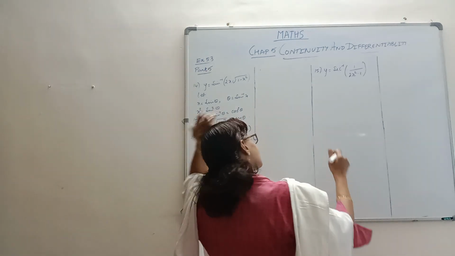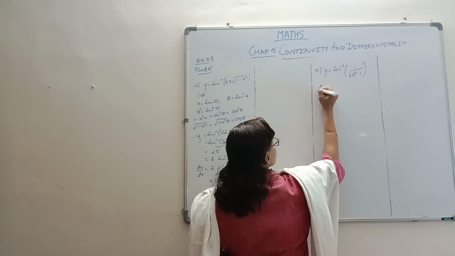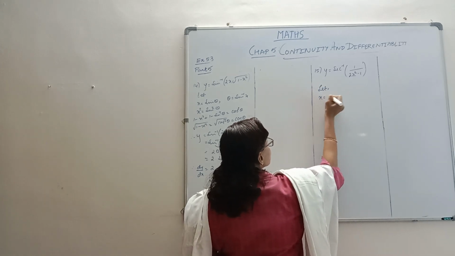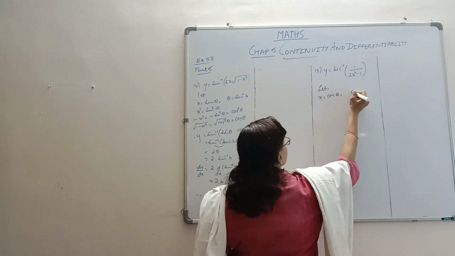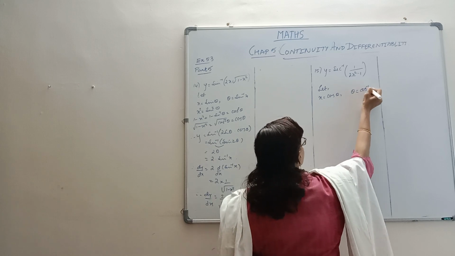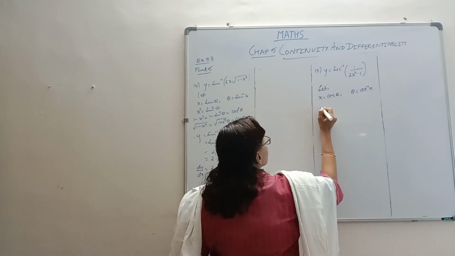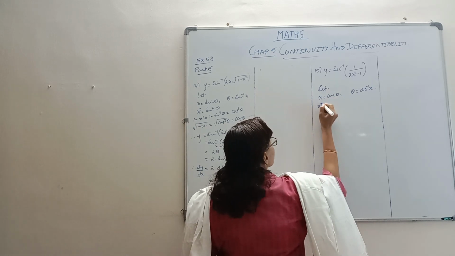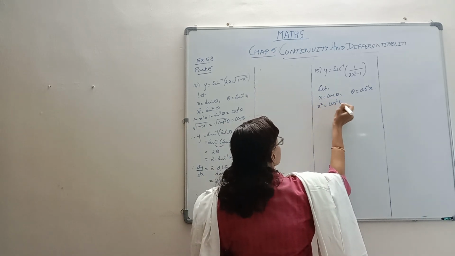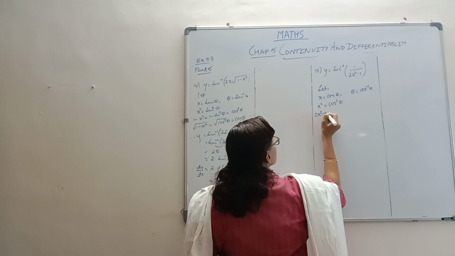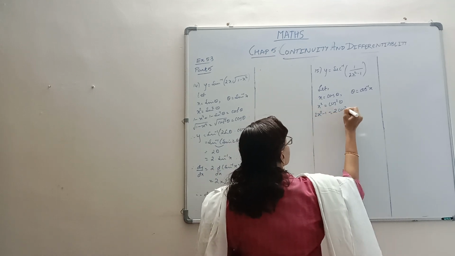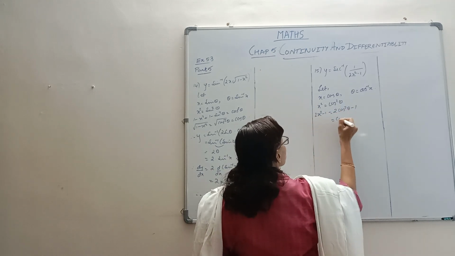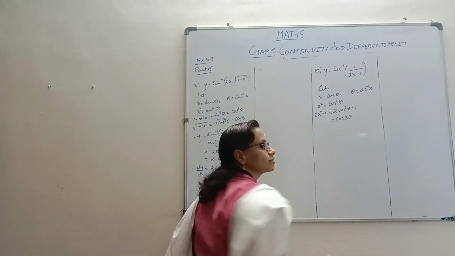Let x be cos theta. So like that, theta becomes cos inverse of x. Now, if you want, we can do this simplification here. X squared is cos squared theta. 2x squared minus 1 is 2 cos squared theta minus 1, which by formula is cos 2 theta.